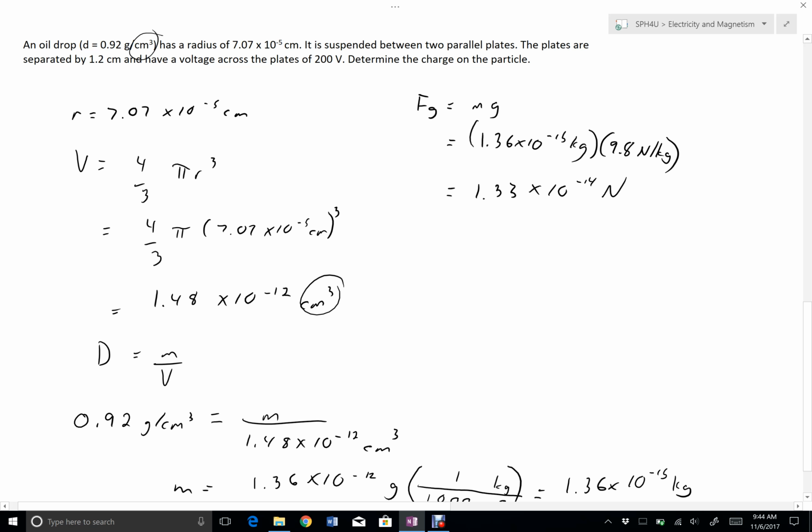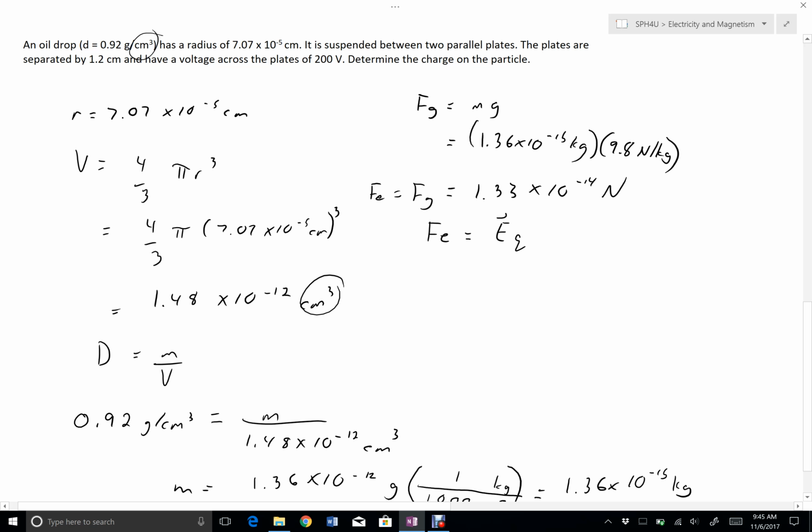That force of gravity is being balanced, if this particle is suspended, by an electrostatic force, which is equal to the electric field times Q. So if this force of gravity is being balanced by this electric force, then I can say that Fg is equal to Fe.